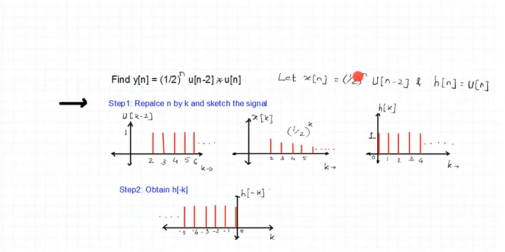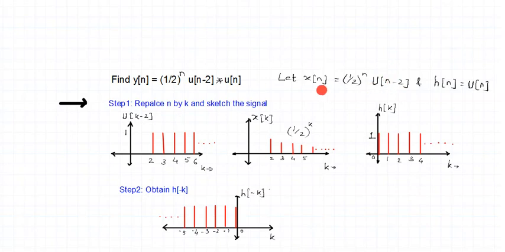In the very first step, we are representing this signal as x of k. So this signal is no more x of n, we are representing it as x of k. So if the signal, when it is represented as x of n, is 1 by 2 raised to n, then when we represent it as x of k, it must be 1 by 2 raised to k. So x of k, when we now substitute in the convolution equation, is 1 by 2 raised to k. The magnitude of the unit step signal is always 1.